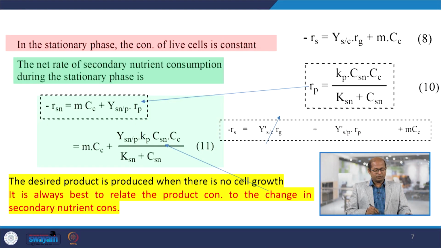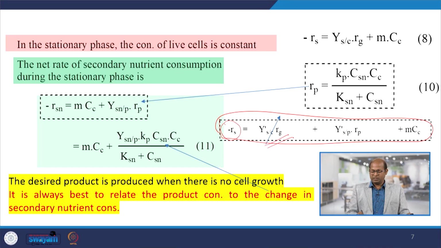See here, this is the general substrate consumption equation. In this equation, minus Rs is the rate of substrate disappearance due to three reasons: cell growth or new cell formation, product formation, and cell maintenance.